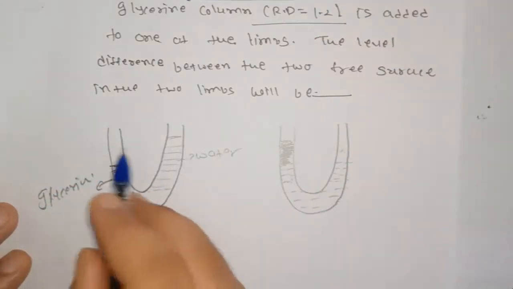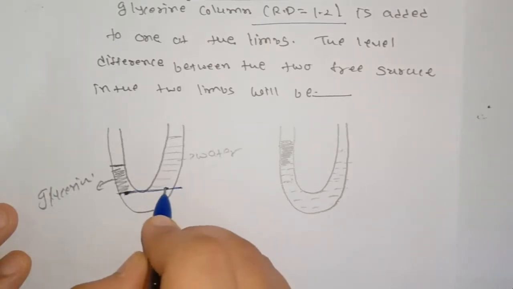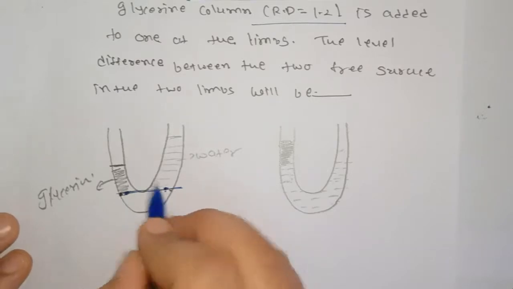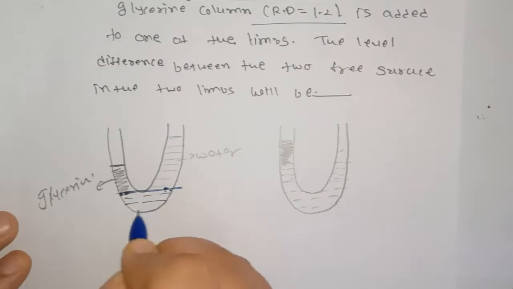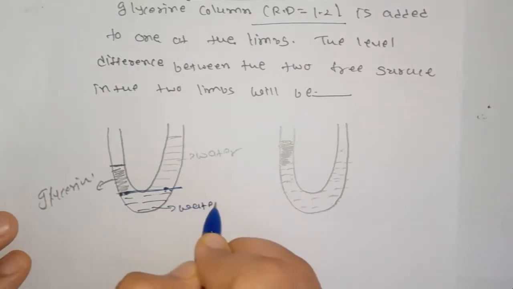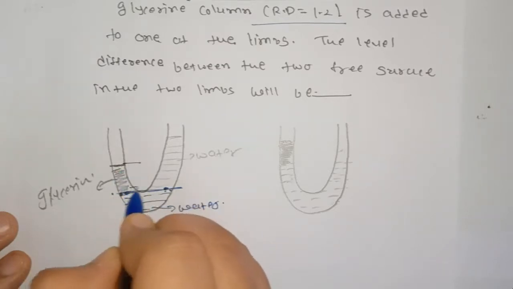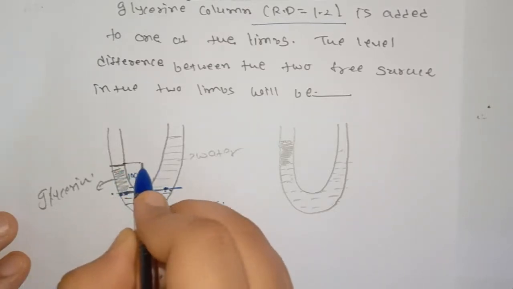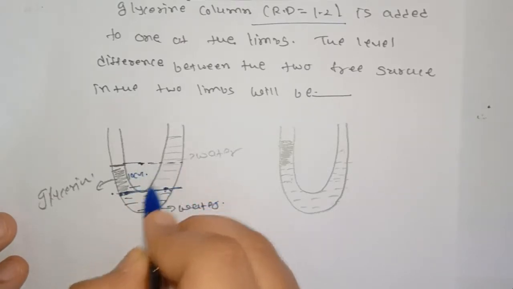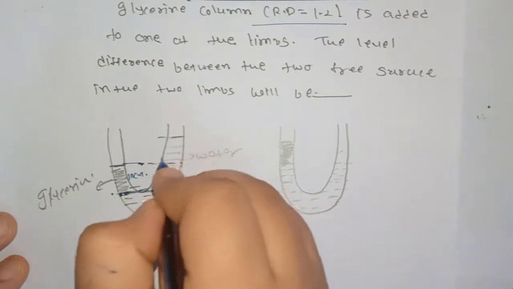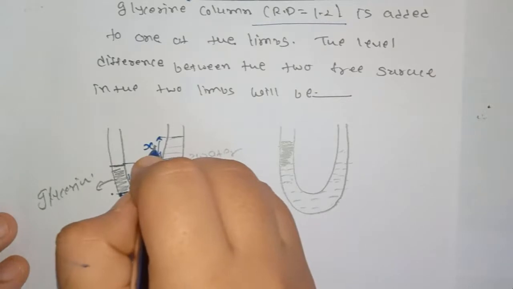Now, as this system is in equilibrium, if we consider 2 points, at these 2 points the pressure will be same. Here also it is water. This length is of 10 centimeter. Let's say initially the water was at this level only, so rise in water from this side is x.